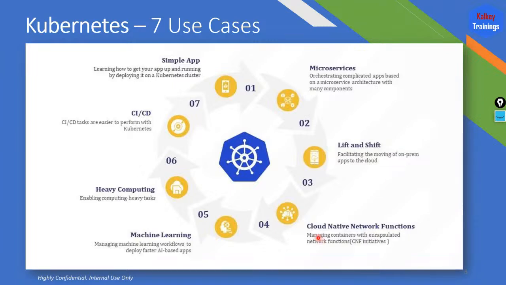And because it is within the framework of cloud native functions, CNF, it enables machine learning. So you can deploy AI based apps faster on Kubernetes. So Kubernetes is not AI agnostic.